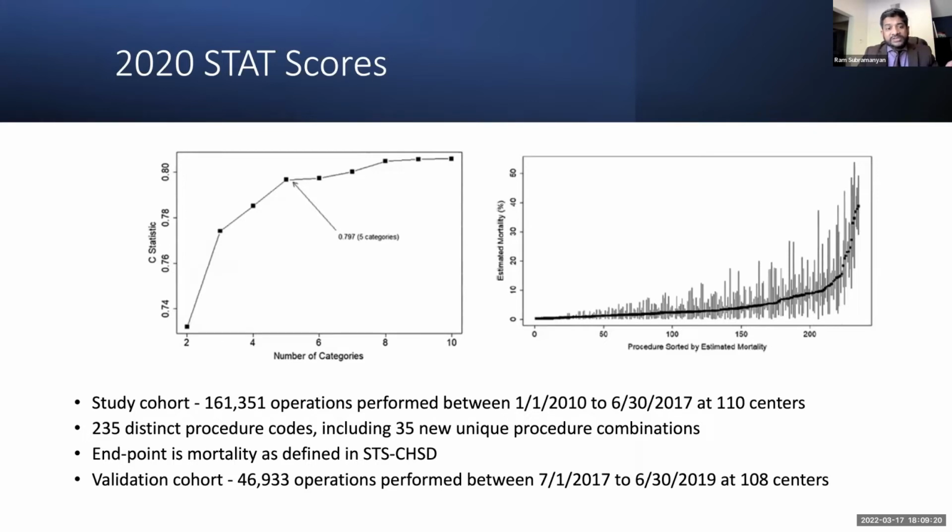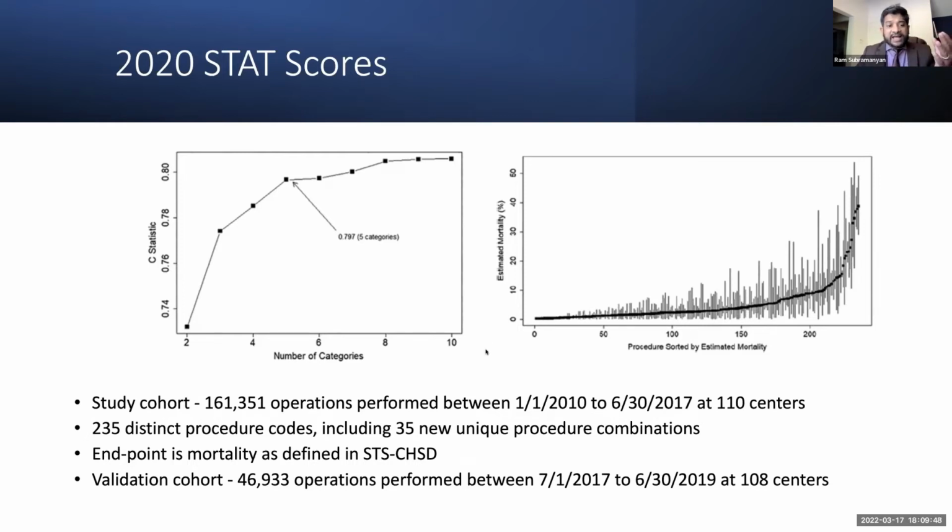The study cohort was then taken to a validation cohort of about 47,000 patients who underwent surgery between July 2017 and June 2019. And as you can see in the graphs, we found that mortality went from 0 to 36%, as you can see in the right side graph. And statistically, we estimated what best number of STAT mortality categories appropriately provides us an area under the curve.